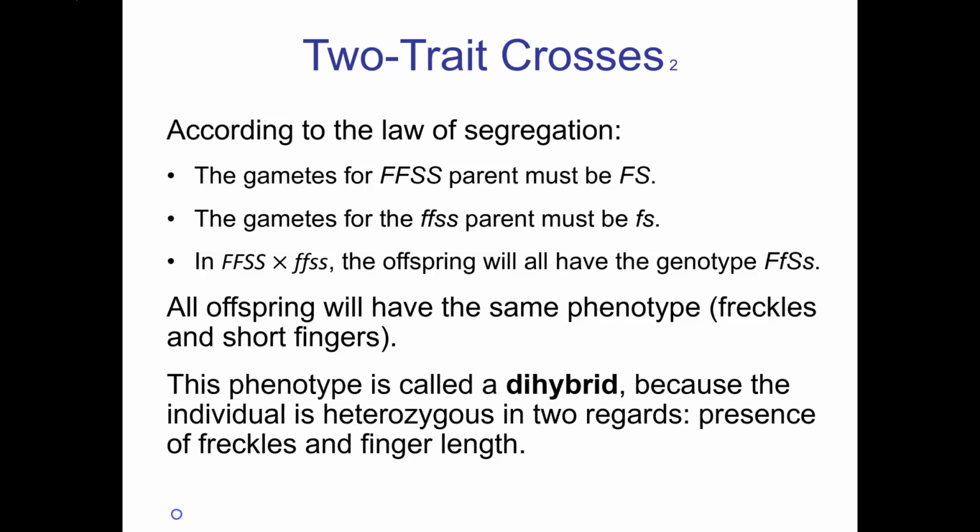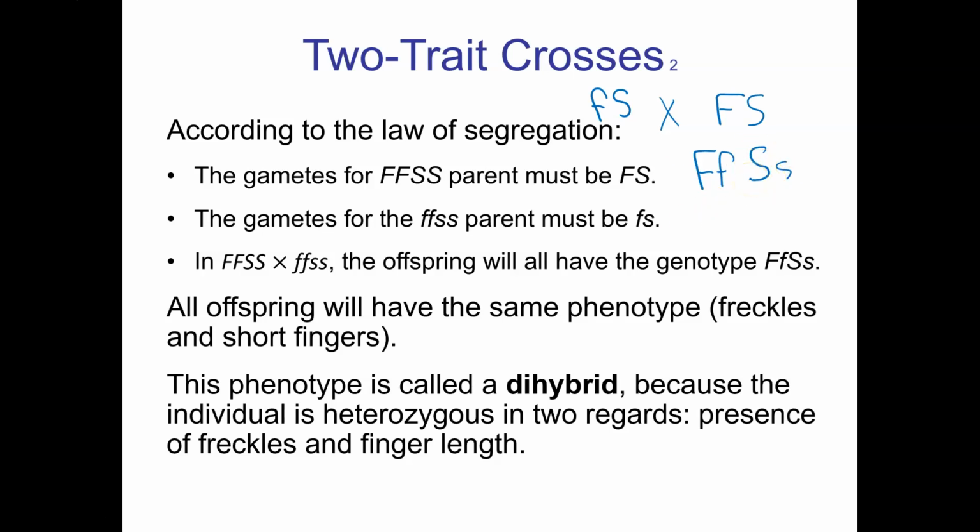So if you only produce a big F, big S, and the other group only produces, I'll just put it over here, a little f, little s, the only offspring you can have then would be big F, little f, big S, little s.